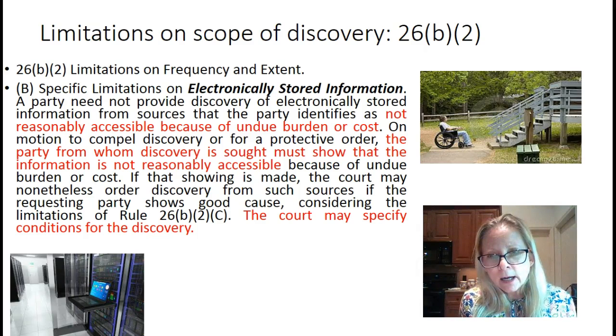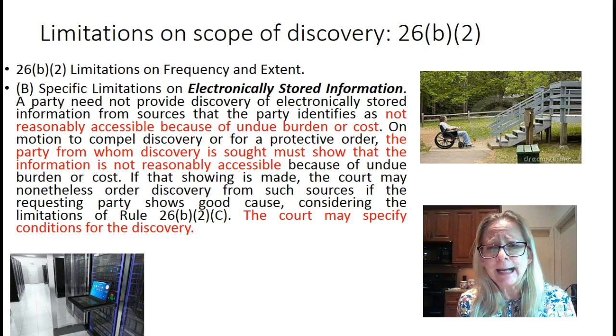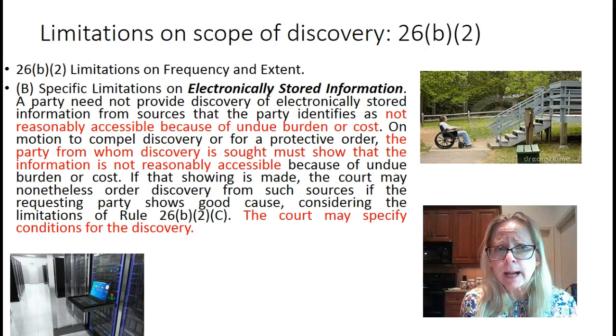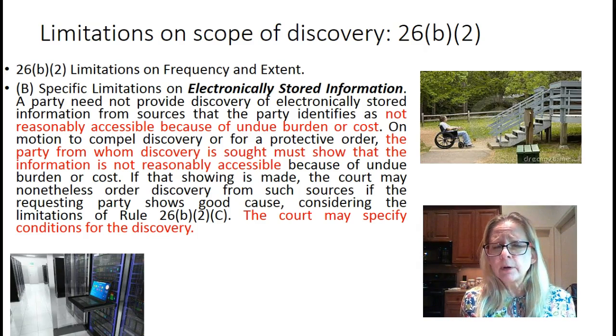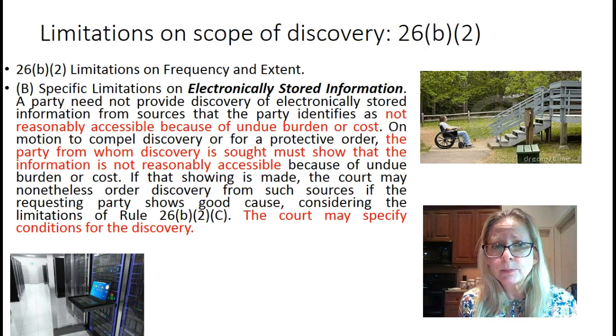So a backup tape in that example would be your prototypical ESI that is not reasonably accessible because of undue burden or cost. And so 26(b)(2)(B) specifically addresses that issue and says that if you are the responding party, you need not provide discovery of ESI from sources that you identify as not reasonably accessible because of undue burden or cost.